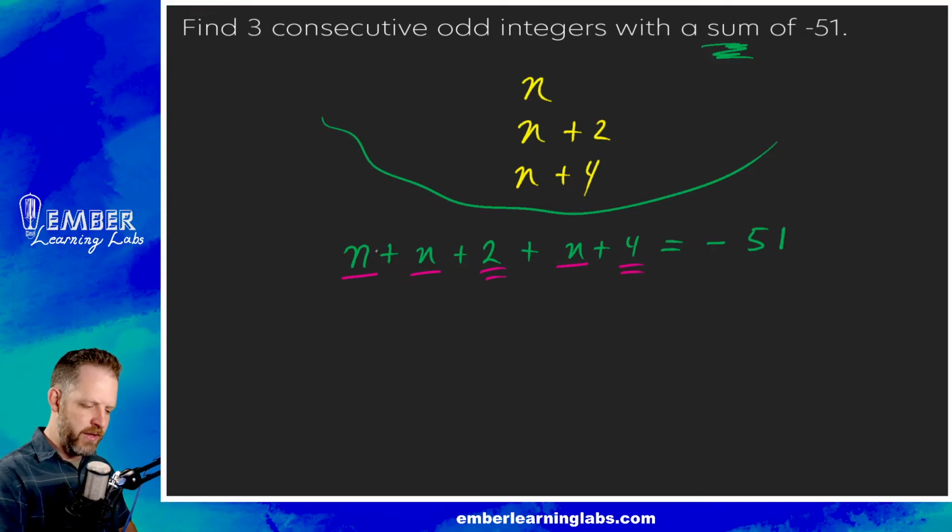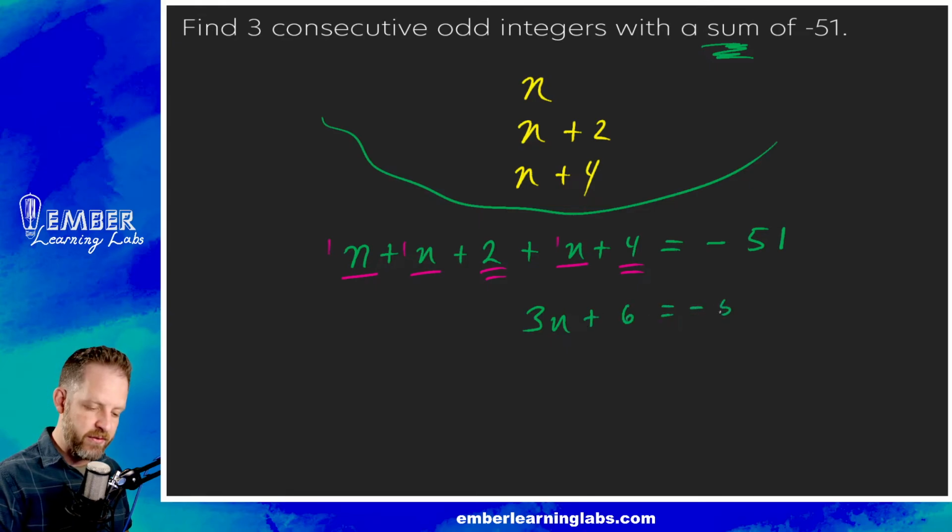So n plus n plus n. Remember, if there's no number there, there's implied ones on all of these. So 1 plus 1 plus 1 is, of course, 3. So we've got 3n. And then 2 plus 4 is 6. So 3n plus 6 equals negative 51.